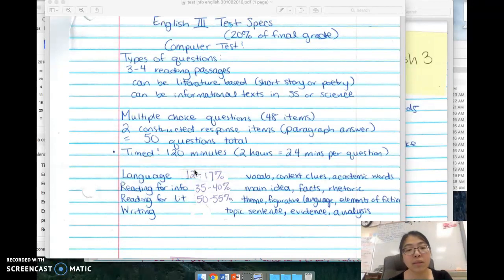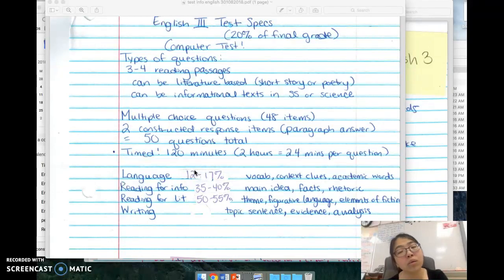I recommend, of course, that you read the passages. I know that previously some teachers might recommend, or maybe in other subjects, they recommend that you look at the questions first. But for the NC final exam and the EOC in the English subject area, you really want to read the passages because a lot of the questions are going to be main idea questions.